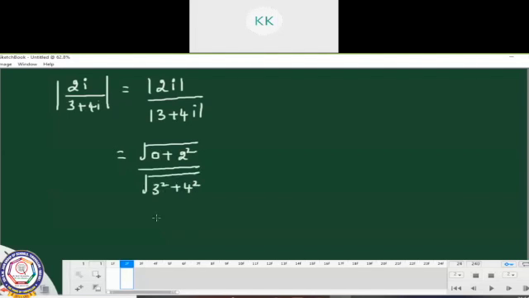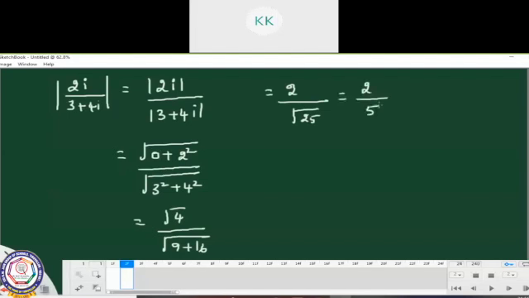What is the value? Root 4 by root of 9 plus 16. It gives 2 by root 25. So the value is 2 by 5.